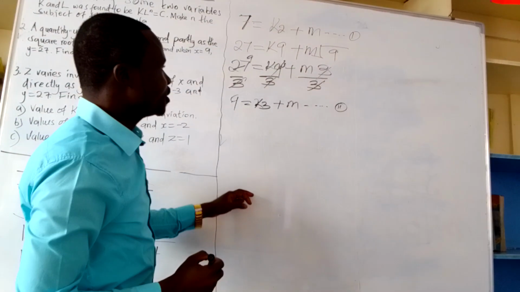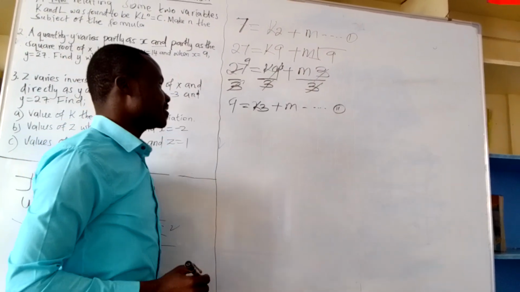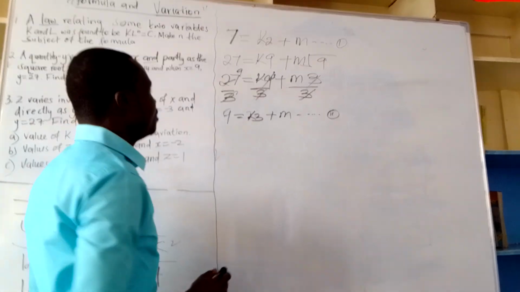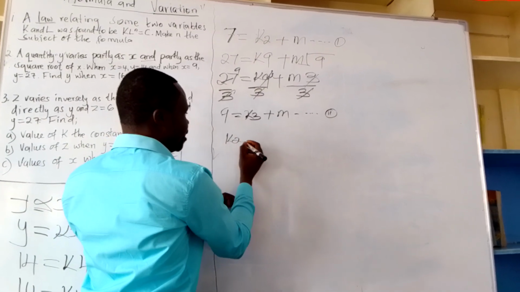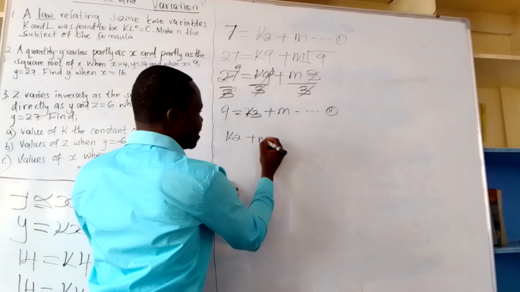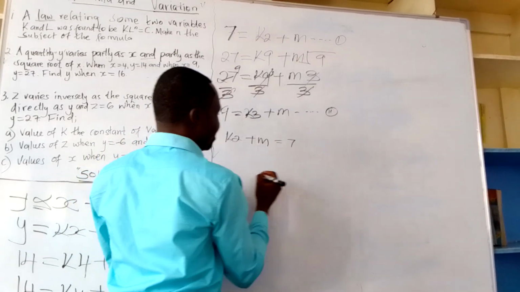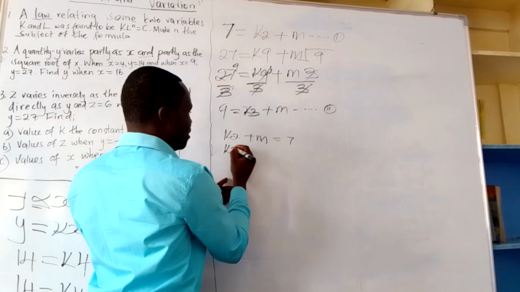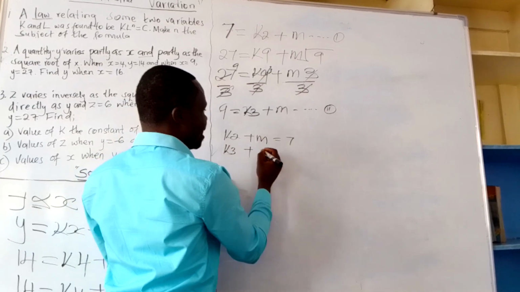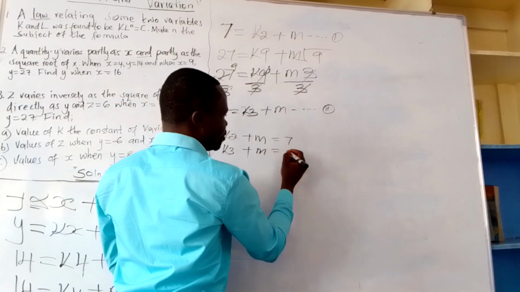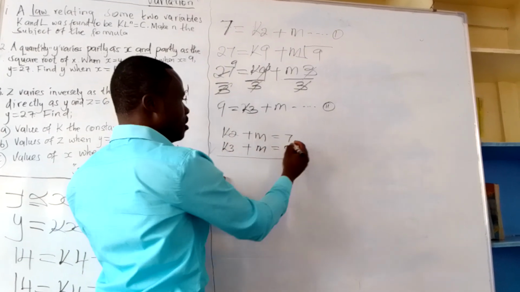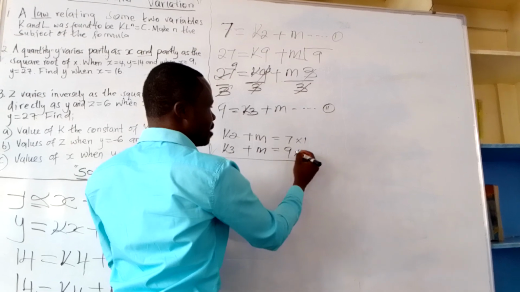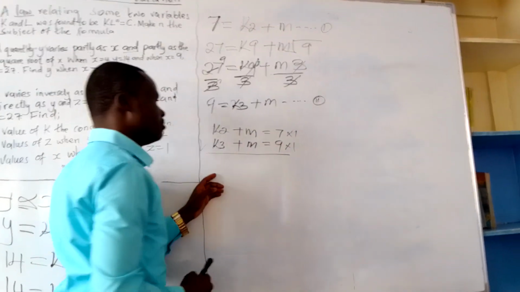So these two equations can be solved simultaneously. How? We can say the first one was k2 plus m is equal to 7. The second one is k3 plus m is equal to 9. Let's use this. Multiply by 1, by 1. This is the elimination method.